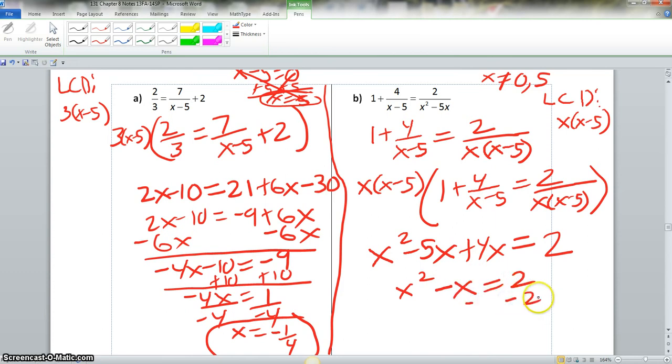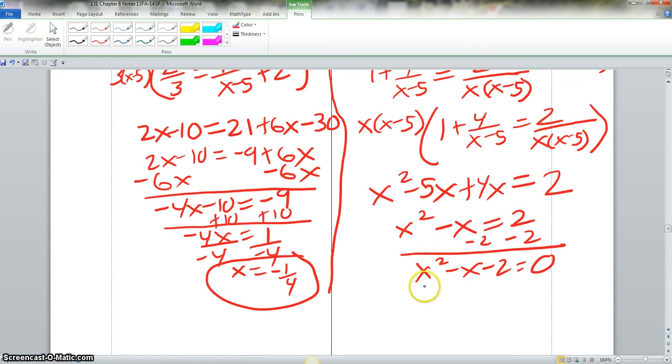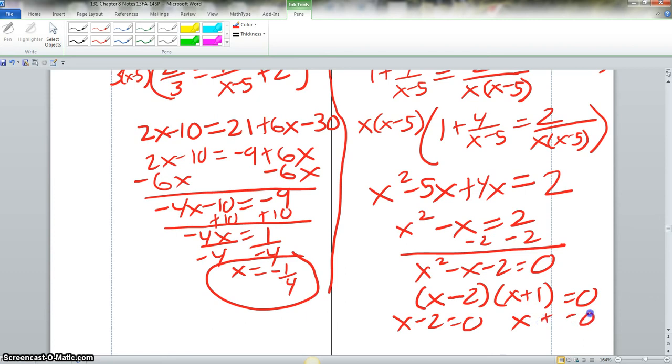Now we can subtract 2 on both sides, and we have x squared minus x minus 2 is equal to 0. Now, when we factor this out, this will factor out to be x minus 2 and x plus 1, and it's set equal to 0. So we'll do x minus 2 equals 0, x plus 1 equals 0. This will give us x equals 2, and this right here will give us x equals negative 1.